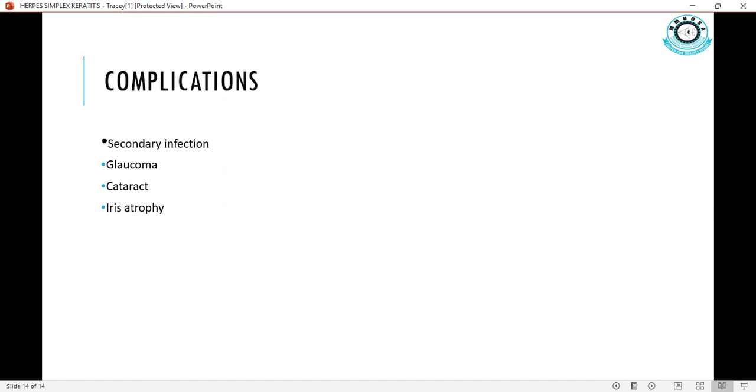But since HSV is recurrent, the longer someone uses steroids, it can lead to formation of cataracts. And then there is also iris atrophy, which is secondary to keratouveitis.